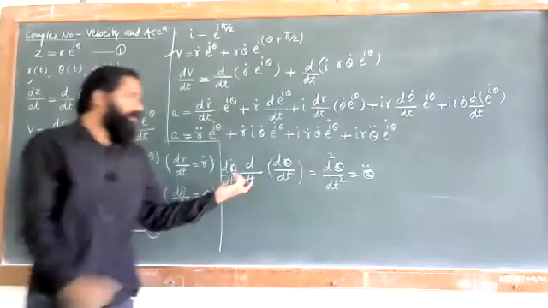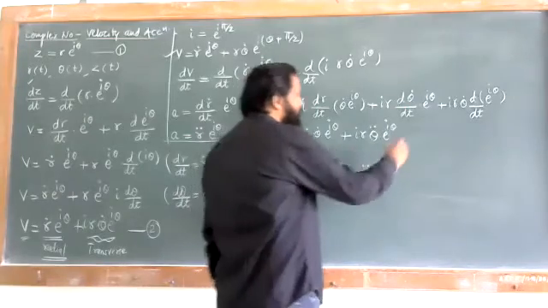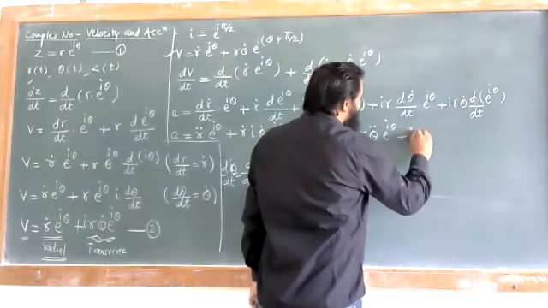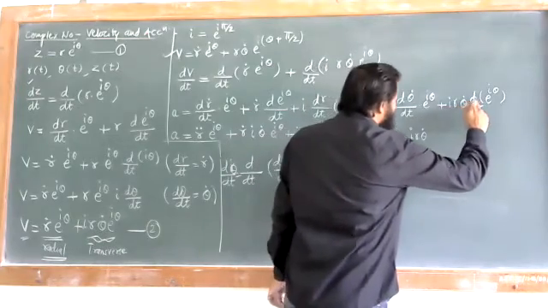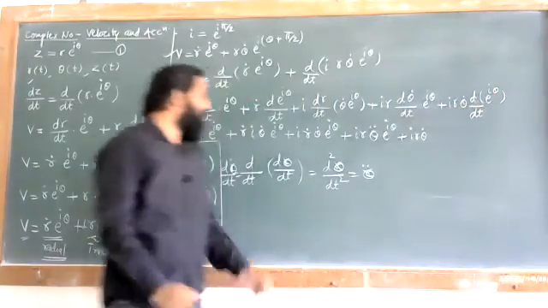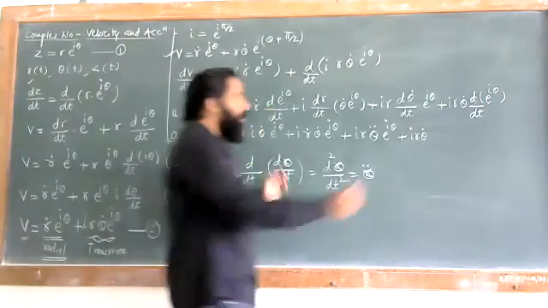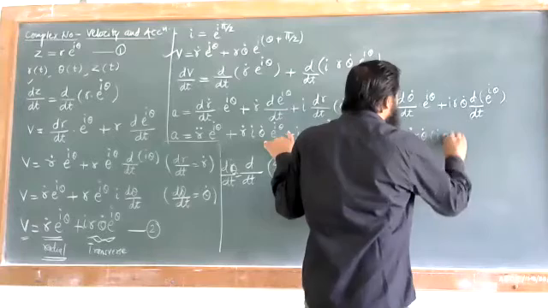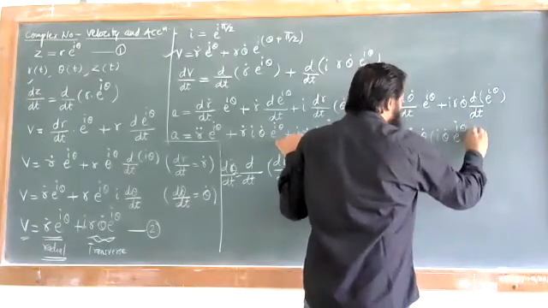It is a double derivative, so the double derivative d2 theta by dt square is nothing but theta double dot, plus we can have again i r theta dot as it is, and what is the derivative of e raised to i theta, the same term we wrote here, that is nothing but i, so I just write in brackets i into theta dot into e raised to i theta.